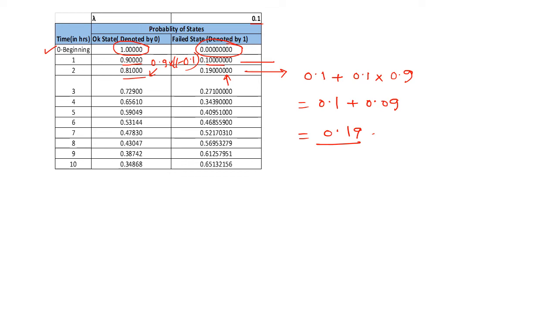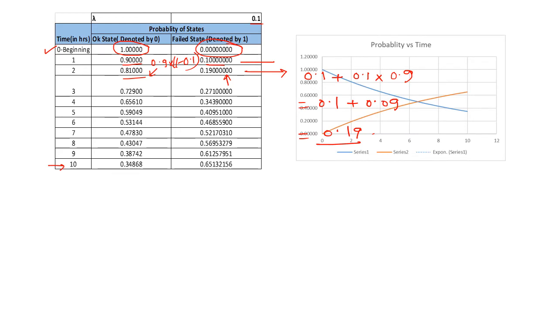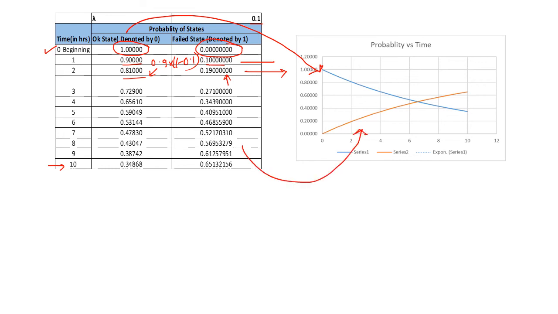I have done up to 10 iterations, and if we plot these values, we get a curve like this. This blue color denotes the probability of the OK state, and this orange color denotes the failure state.